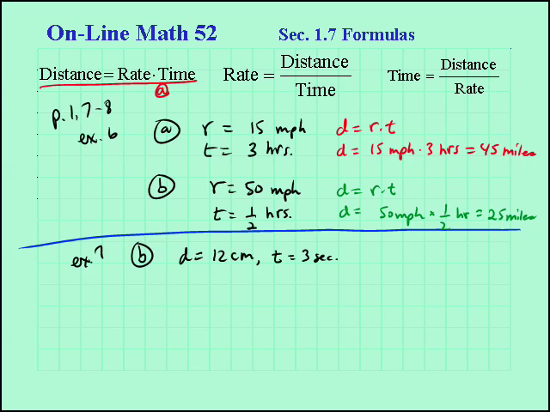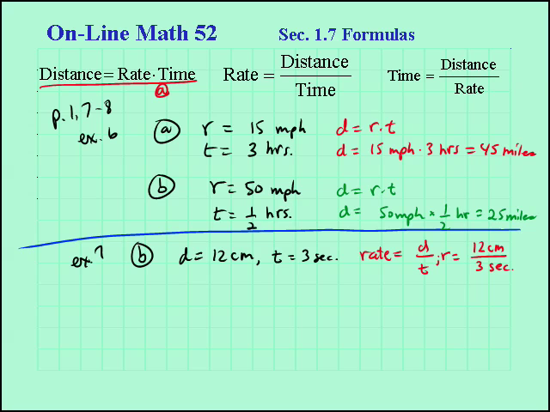Now in this case, given distance and time, we're missing rate. So we go up and find the rate formula. Rate equals, what does it say? Distance over time. So that becomes rate equals a distance of 12 centimeters over 3 seconds.